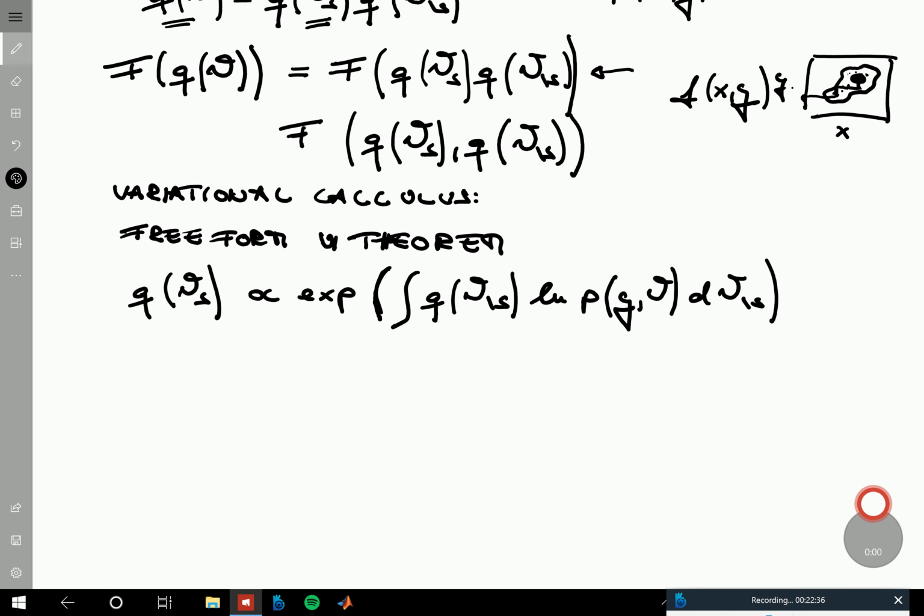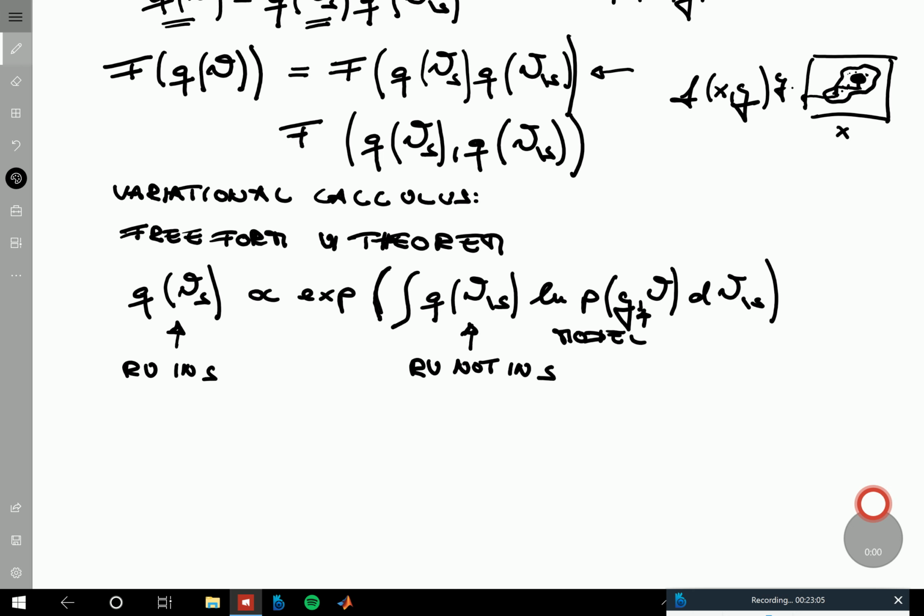So this is here the model, and these are the random variables not in S, and these are the random variables in S. Roughly.